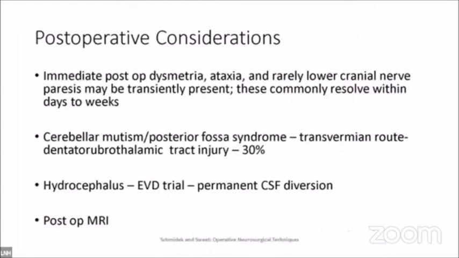Immediate postoperatively you can have all the complications: dysmetria, ataxia, lower cranial nerve palsies, transient cerebellar mutism. But usually these things resolve if you haven't caused any permanent damage. The other question is, should we do a pre-op shunt? Should we do a post-op shunt? Should we do an EVD?